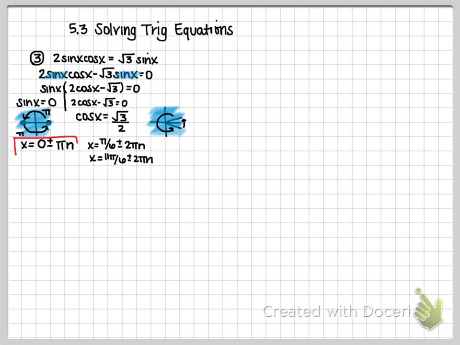X is equal to 0 plus or minus pi n, using pi because that is the distance between those two values. X is equal to pi over 6 plus or minus 2 pi n, because there was no consistent distance between the pi over 6 and the 11 pi over 6, and therefore I'm just using the period to try to relate these guys together. So those three statements would represent the answer to this equation.